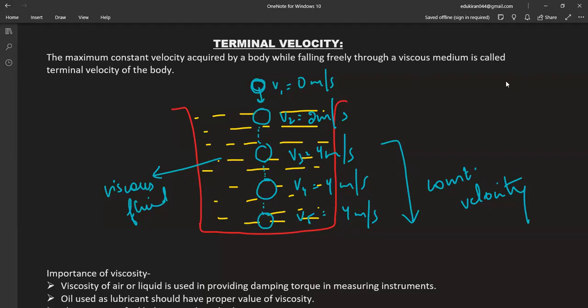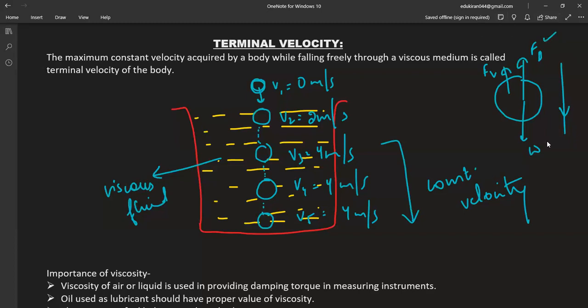Let me tell you slightly here, because in detail we have to do this. Weight is acting, buoyant force is acting, and if it's a viscous fluid, viscous force will also be acting in the opposite direction. If it is coming downwards, viscous force will be acting upwards.